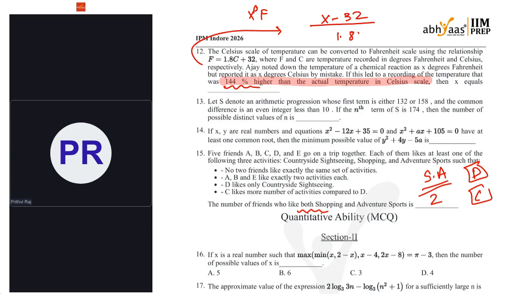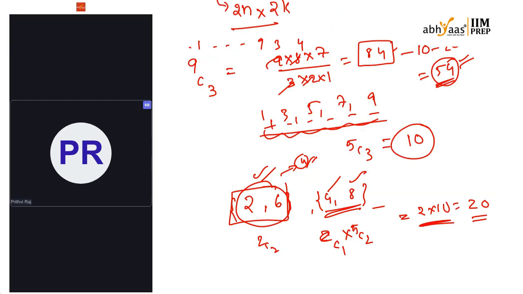That means what? 100% is already there, and adding 144 to that, so 100 plus 144 is 244. That means actual value into 2.44 is our reading now. Let's solve this.